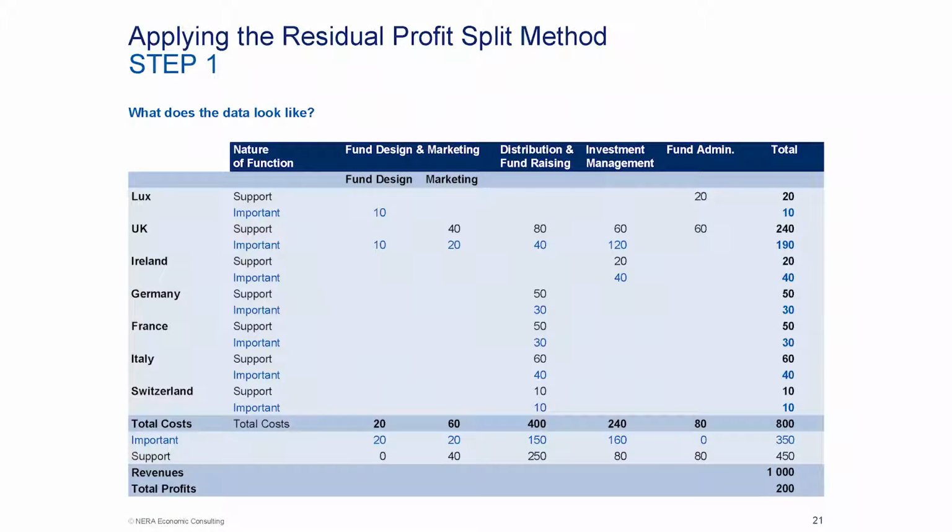Through that analysis, you then identify potentially that your support functions relate to, for example, 350 or 450 in cost, and your important functions, your KERT functions, relate to 350 in cost. So that gives you a total cost of potentially 800. Your profit is 200, so your total revenue is 1,000. All these details are on slide 21, so I won't go into too much detail on each of these entities.